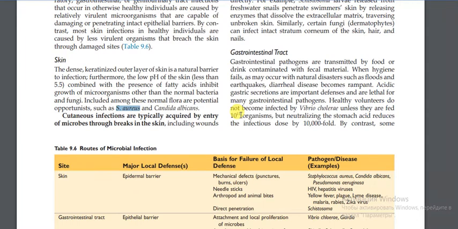That's why, as you heard from childhood, when you have some injury to the skin, you have to smear it with some antiseptic, like spiritus, or at least hydrogen peroxide, or some other antibiotic smears, to remove bacteria on one hand, and on the other hand to kill bacteria which possibly can penetrate into the wound.